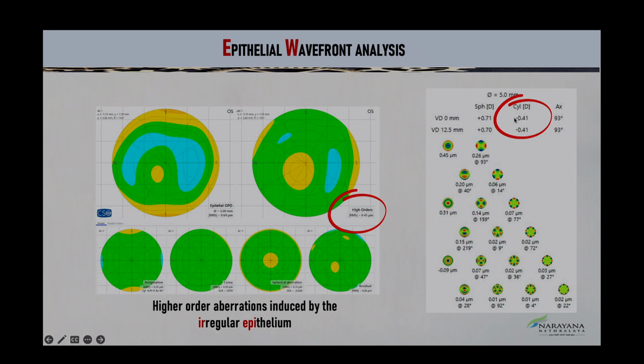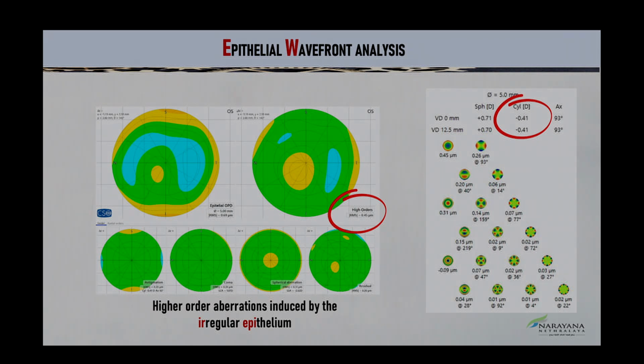Whenever the epithelium is irregular, we don't have this tool right now, but it's under process, and it's there in the MS39, and other topographers will also have it. Whenever the epithelial irregularity is there, the aberrations also will be on the higher side, so it's not just the epithelial irregularity you are treating, they also account for some amount of aberrations.